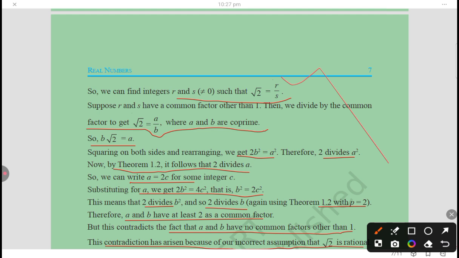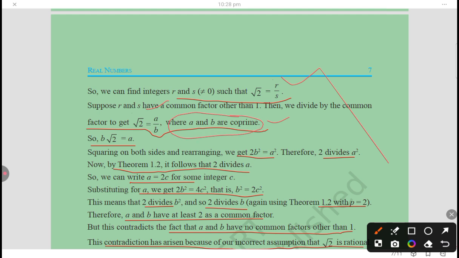Suppose r and s have common factors other than 1, then we divide by the common factor to get root 2 equal to a by b, where a and b are co-primes. Co-prime means there should be only 1 as the common factor. This is very important: co-primes.